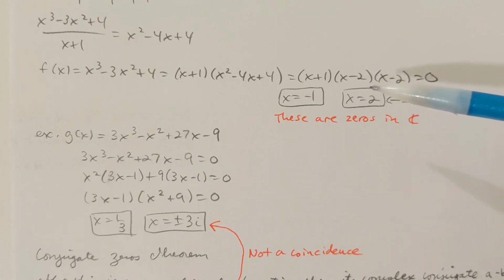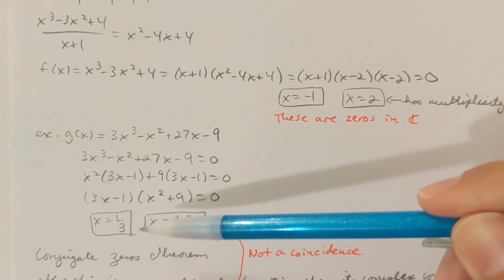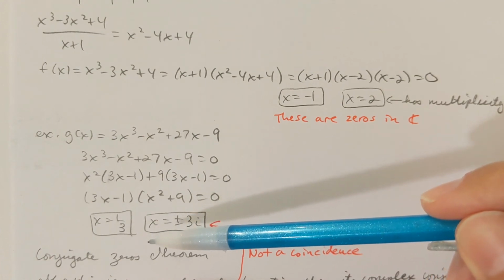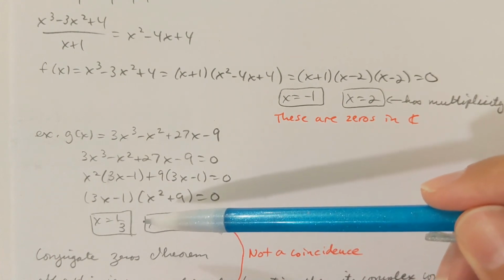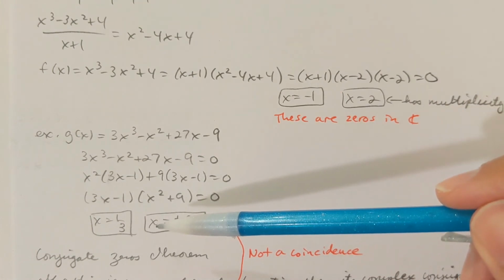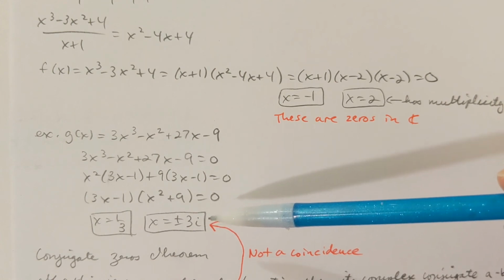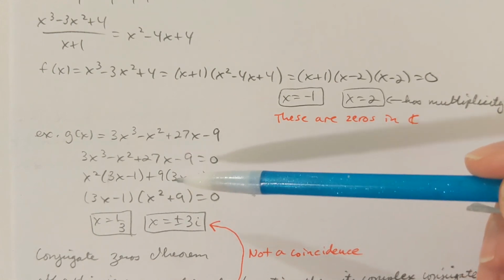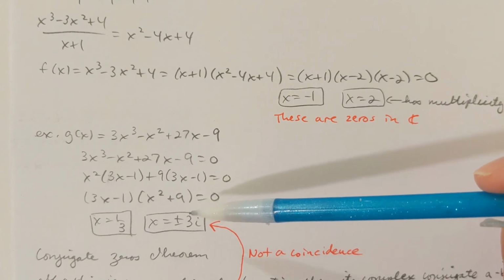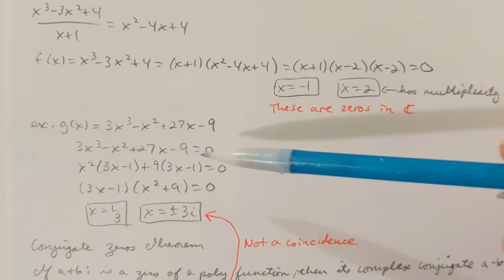Over here I get negative 1 and 2 and 2 again. 1/3, maybe I get that if I'm guessing and checking, but I'm probably not going to guess 1/3. 3i and negative 3i, definitely not. So the way that we did this problem is the best way, really the only way to do the problem.